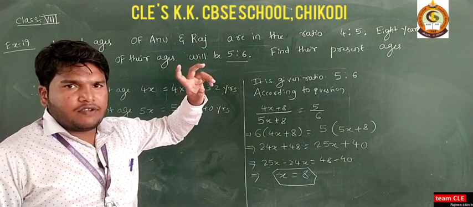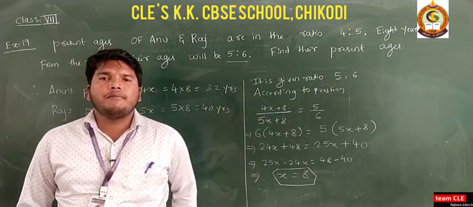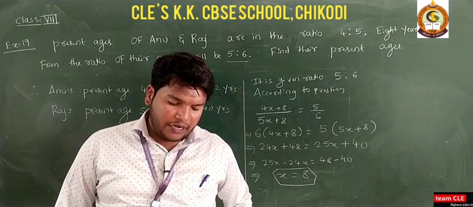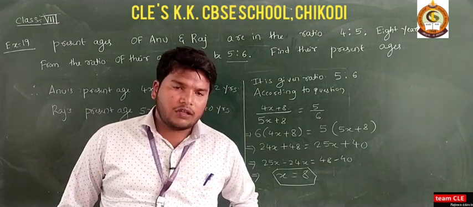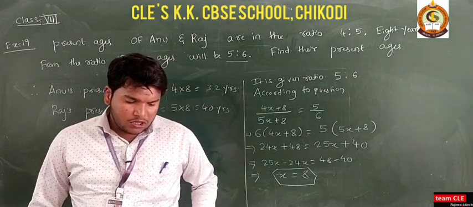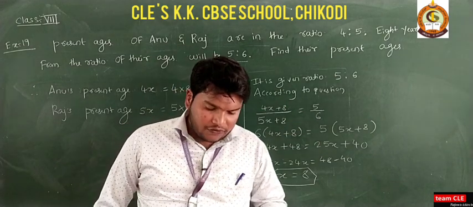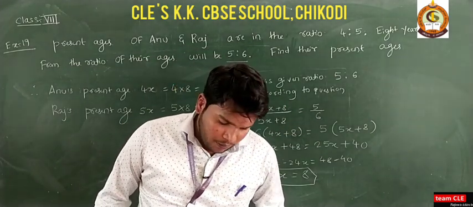Some more examples are given in exercise 2.6. They have given one example: ages of Hari and Harry are in the ratio 5:7. 4 years from now the ratio will be 3:4. Find their present ages.